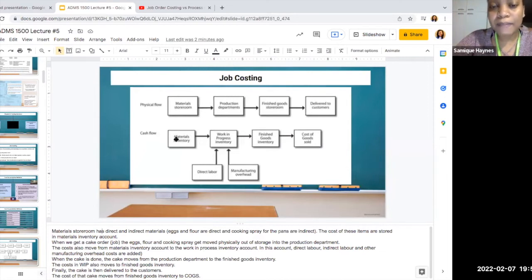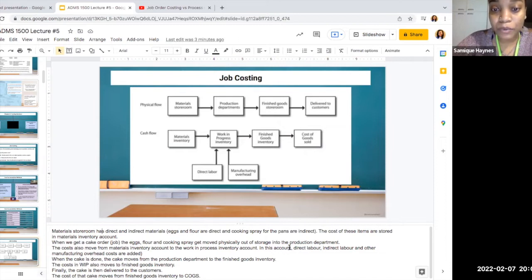When somebody decides to order a cake from us, the cost, well, not all of it, just what we need for that particular job, comes out of materials inventory and moves into a work in process inventory account, because we're now working on making this cake. So the costs move from the materials inventory account to the work in process inventory account.